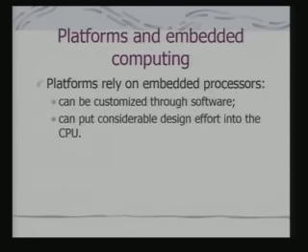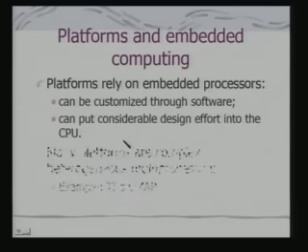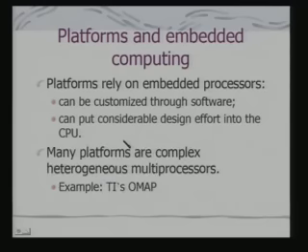In fact, many of the platforms rely on embedded processors, and not just a single processor but a number of processors, so that their behavior can be customized through software, and that can put considerable design effort into the CPU, but that design effort goes in while making the platform. Many platforms are therefore complex heterogeneous multiprocessors.